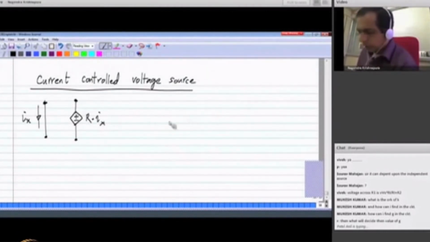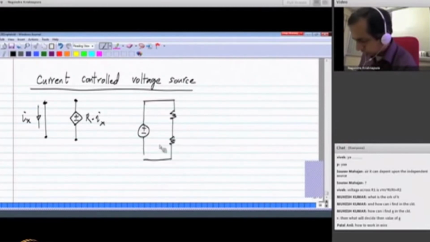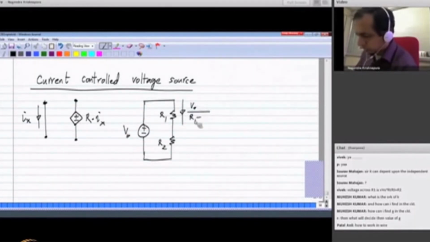So again, I will take the same example. V0, R1, R2. The current flowing here is V0 divided by R1 plus R2.